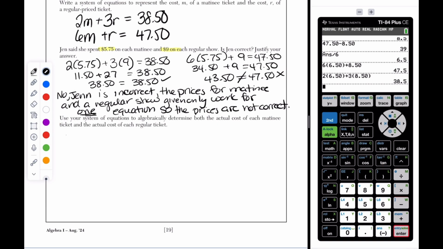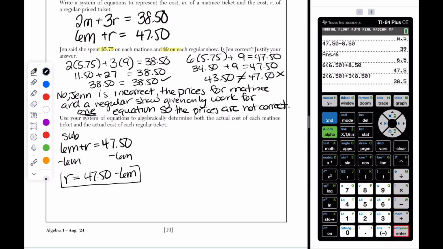Okay, if you wanted to use substitution, this works very well when you have a variable with no coefficient. So in this case, I have r is equal to 4750 minus 6m.